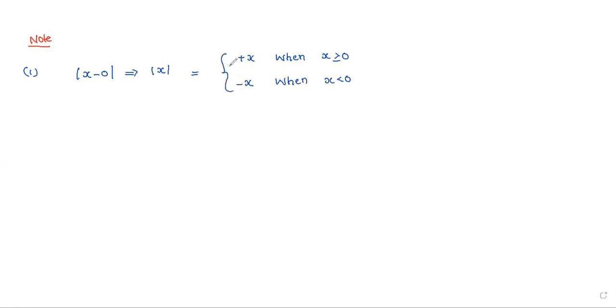And the second one, modulus of x minus 1 is equal to positive x minus 1 if x minus 1 is greater than or equal to 0, that means transferring minus 1 to the right side, x greater than or equal to 1.